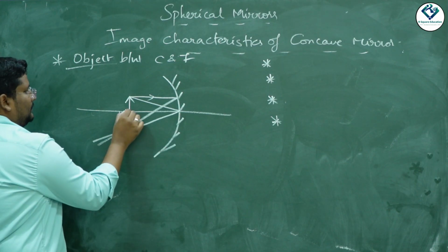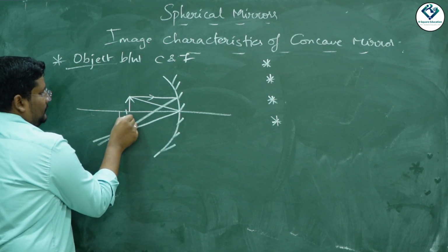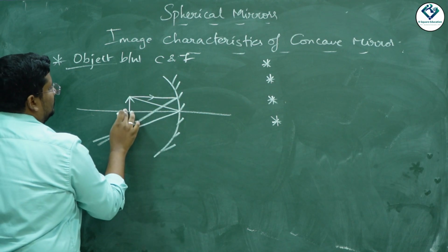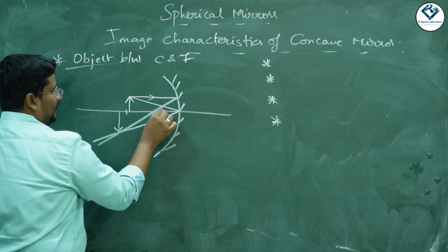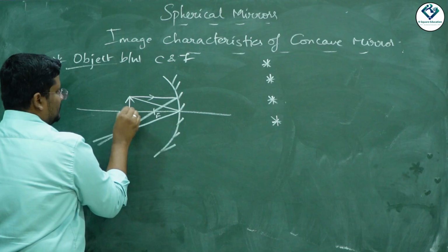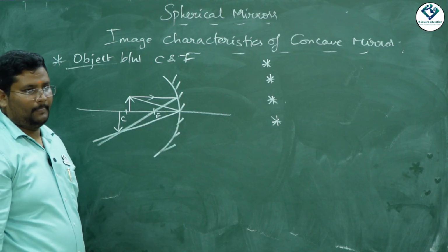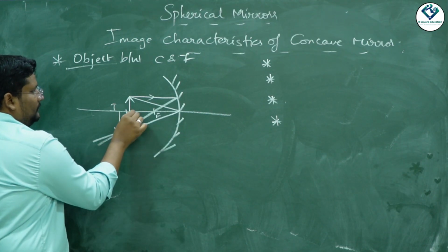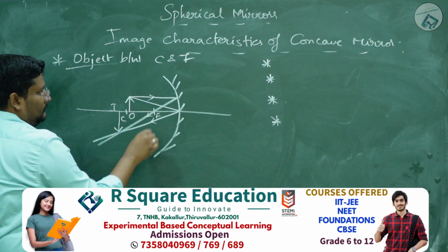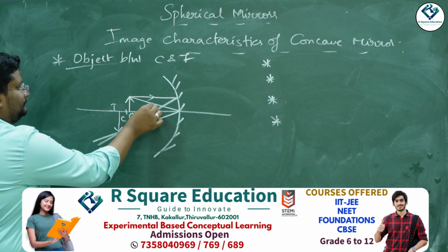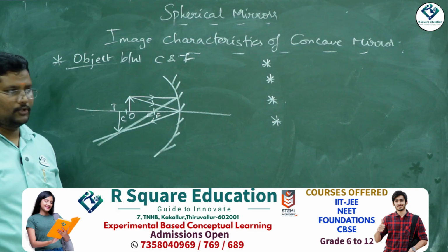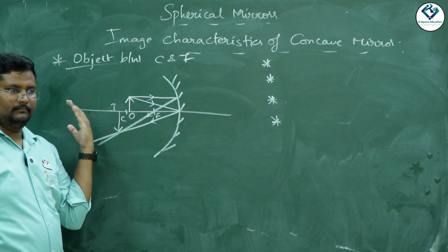Let me take it as we are going to have the object between C and F. So this is going to be F, this is going to be C. So the image is beyond C now. Correct, so the image has moved away again.